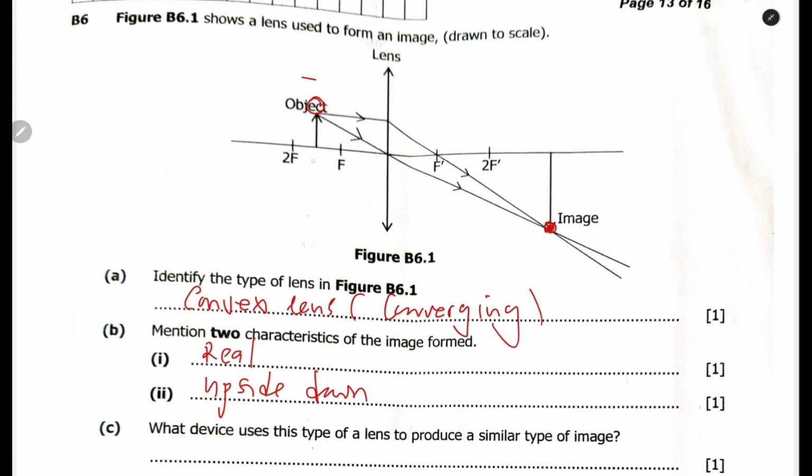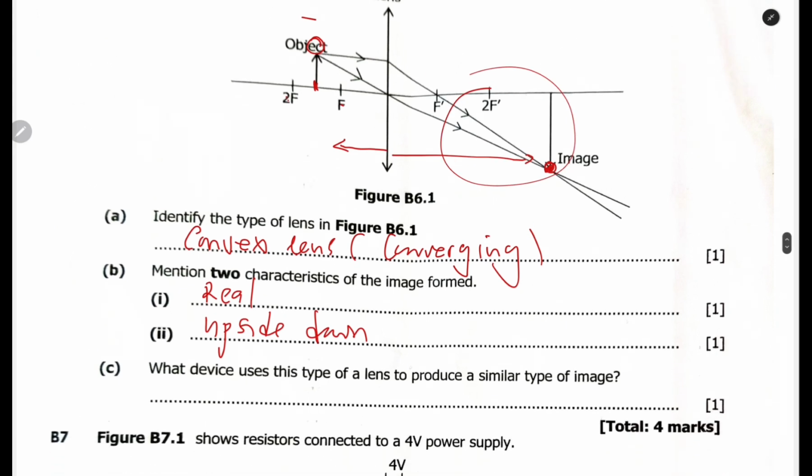You can see from here, the object is between 2F and F, and the image is beyond 2F, which means we have a larger distance from here compared to there. So this one is magnified, bigger than the object. That is how you simply look at this.